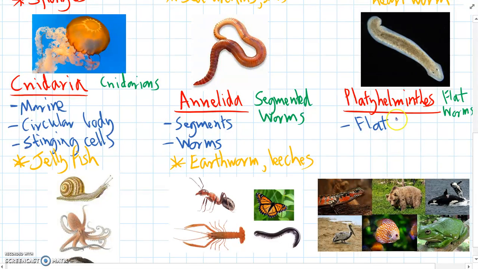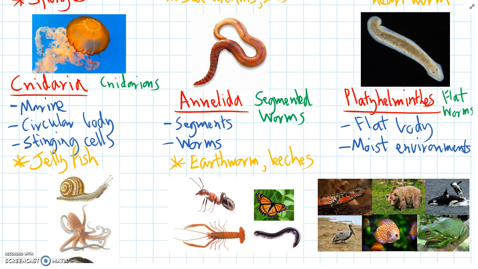It's hard to see in this picture, but their body is really flat and thin, and they pretty much live in moist environments so that their bodies don't dry out too much. But they're quite small, they're microscopic. And a common parasite that you might have heard of is a tapeworm. And these are in the Phylum Platyhelminthes.